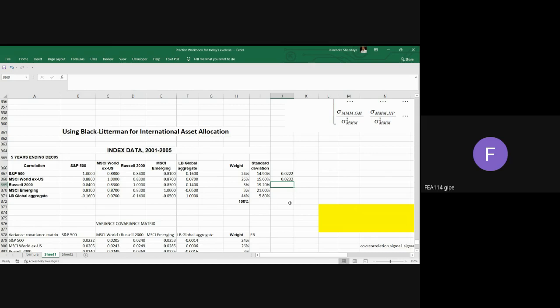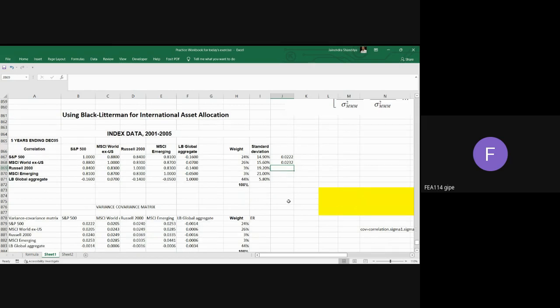So how do we calculate this? To calculate the variance covariance matrix, all you need is a very simple thing: you multiply the standard deviation with its transpose and then with the correlation, and you get that.